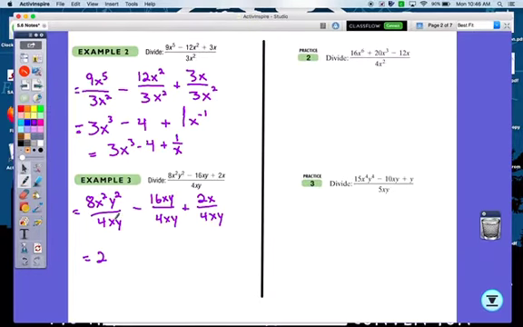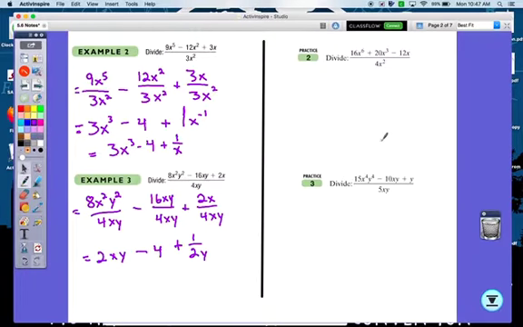We subtract 2 minus 1 for the x exponents, gives you x to the first. 2 minus 1 on the y exponent gives me y to the first. Minus 16 divided by 4 is 4. The x's and the y's both cancel out because they're the same on top and bottom. Plus, here the bigger number is on bottom, so 2/4 ends up giving me 1/2. The x's will cancel out because they're the same on top and bottom, but the y stays on the bottom.